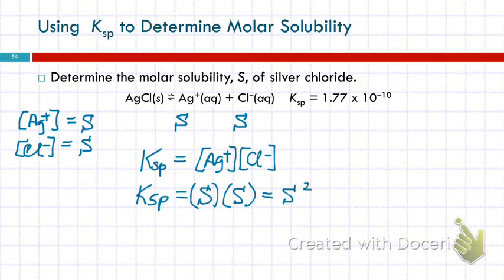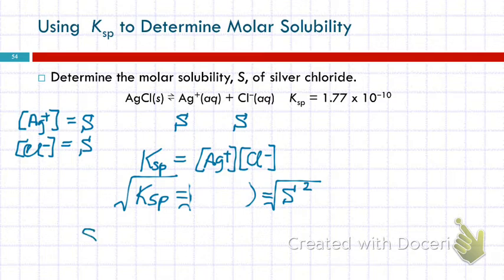Well, what does S equal then? The square root of this. If I take the square root of both sides, they're equal, right? So I end up with S is equal to the square root of the KSP.